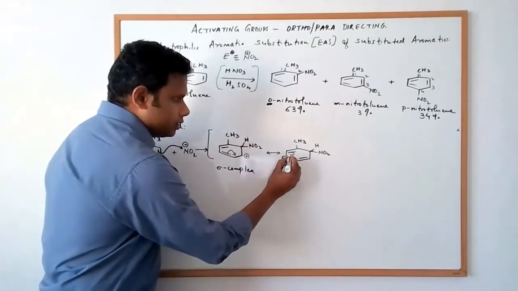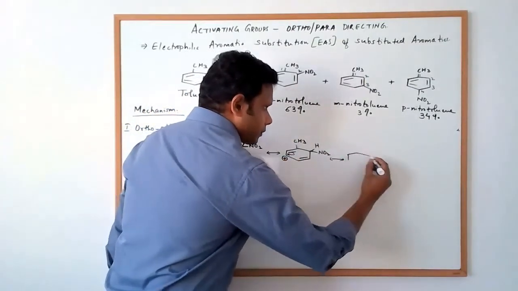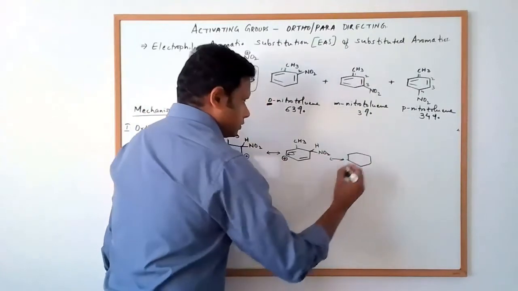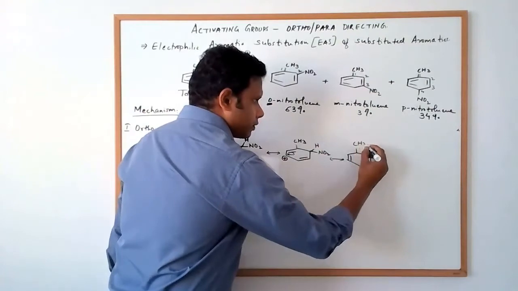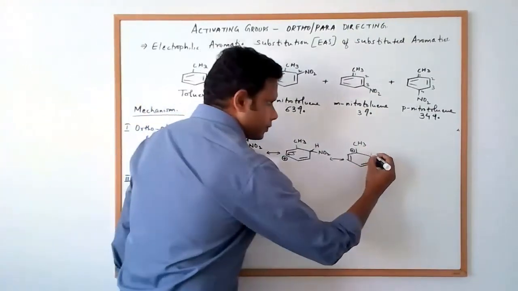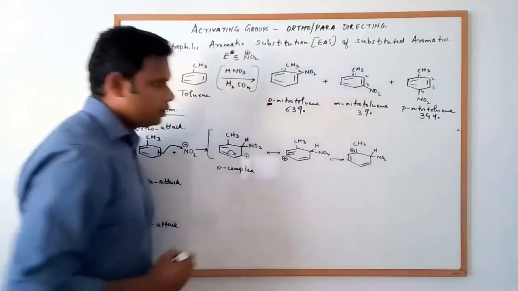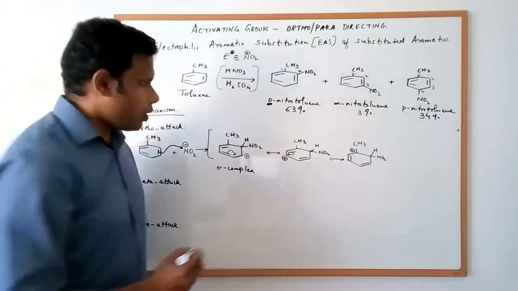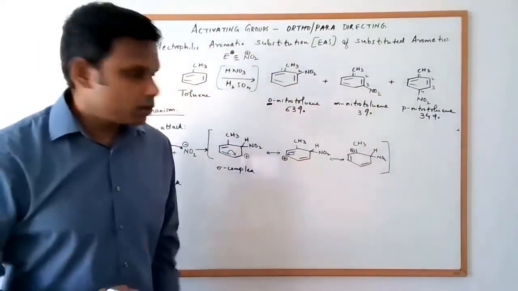We can draw additional resonance form using the other pi bond. So we've got double bond here, methyl group here, and a positive charge over there, hydrogen and nitro group. So those would be all the resonance forms for the ortho nitro product.